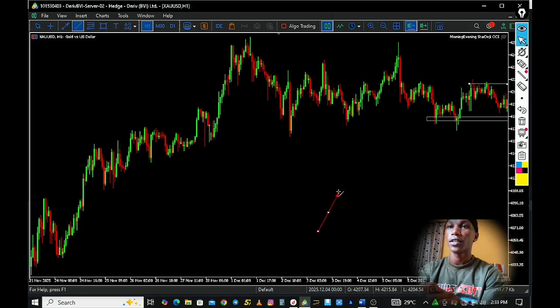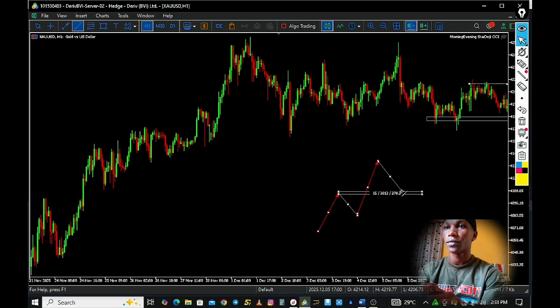This is how it is going to be. That is a higher high, it comes back, makes a new high, so it breaks this structure. When it breaks this structure, you're going to wait for price to come back to this zone, this one.